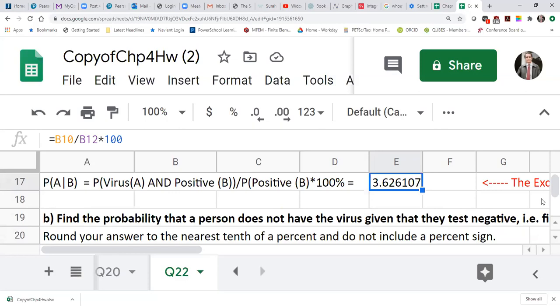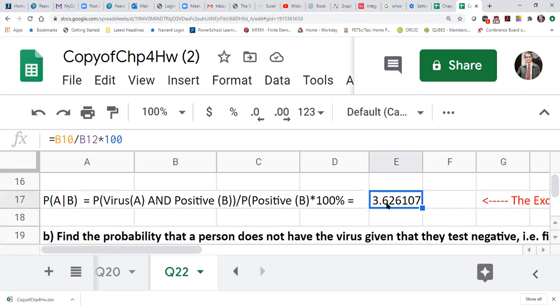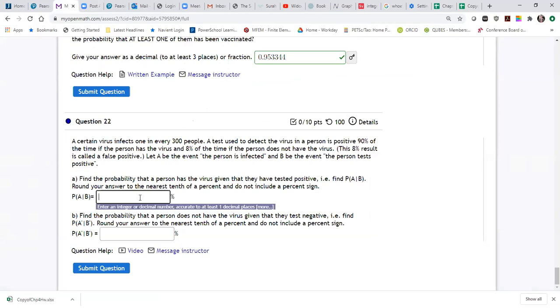Let me see if I can copy and paste it. Control C, and then Control V. Because it's looking for the nearest 10th, that means one decimal, the answer will be 3.6.